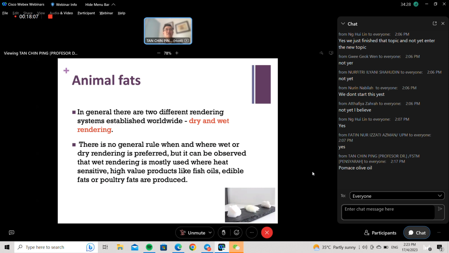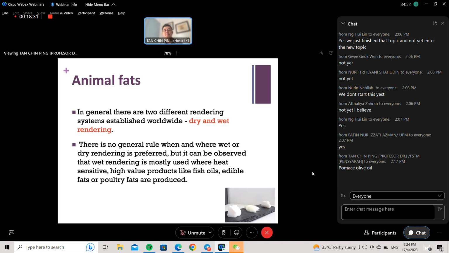Both are usually very efficient at extracting the oil from animal fat. But I must also say, if you ask me whether the industry should use dry rendering or wet rendering, there is no specific rule saying that you should only use wet or dry rendering.